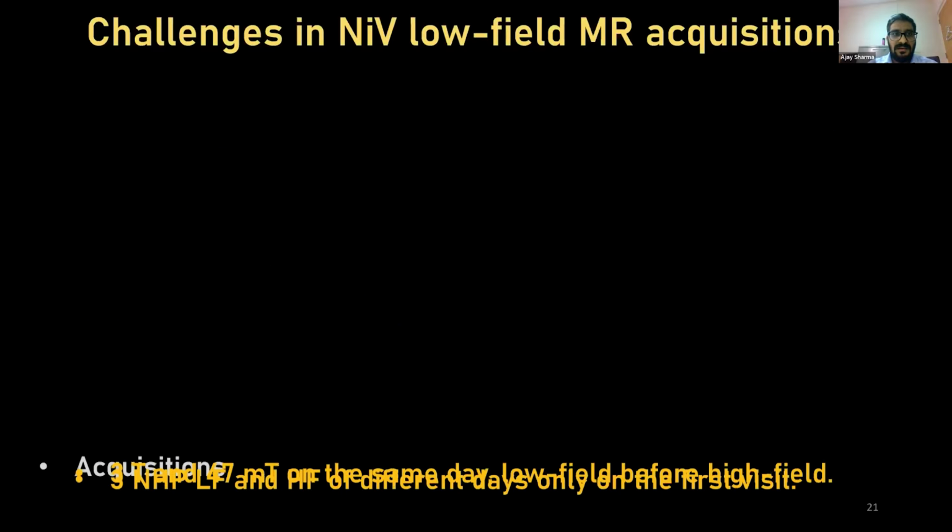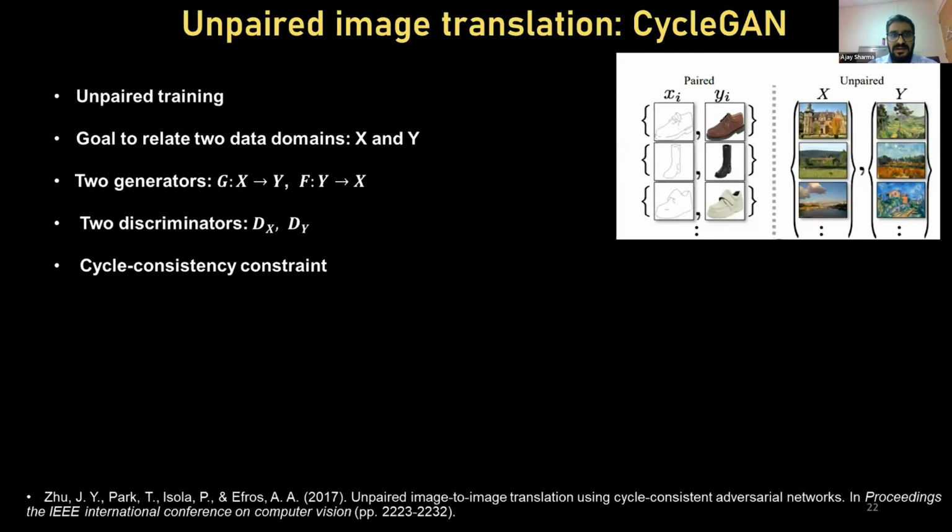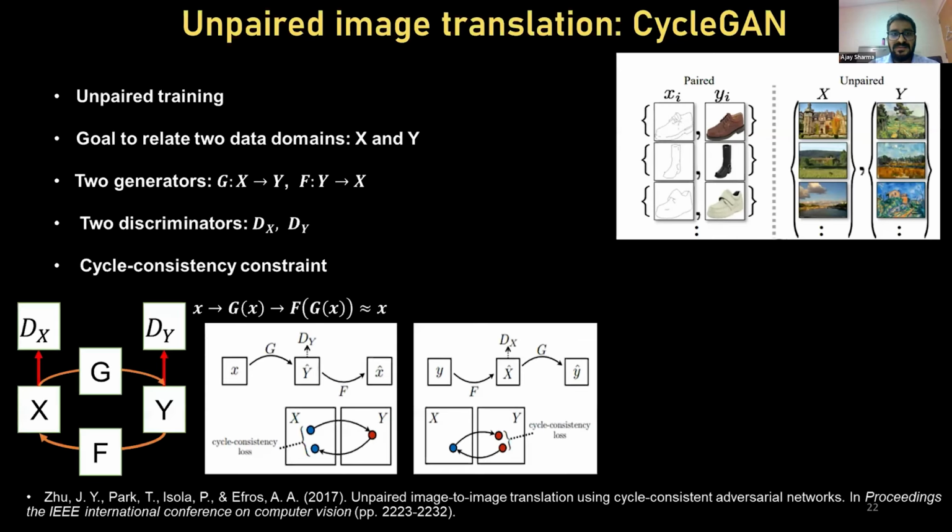In order to resolve these challenges, we adopted deep learning strategies. Initially we explored unpaired image translation, a CycleGAN kind of model, as you are all aware. It is an unpaired training that takes images from domain A and converts them to domain B, like our low field domain to high field domain.